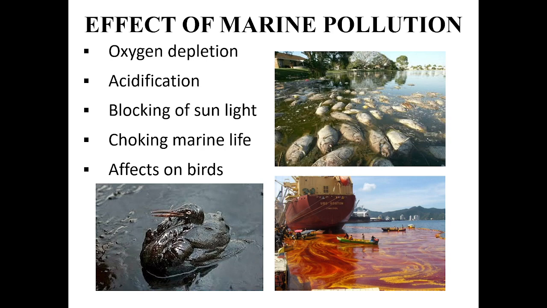Now what is the effect of oil? How does oil impact birds? As you can observe here, the bird is fully submerged in oil. If liquid oil contaminates a bird's plumage, its water repellent properties are lost. What is plumage?